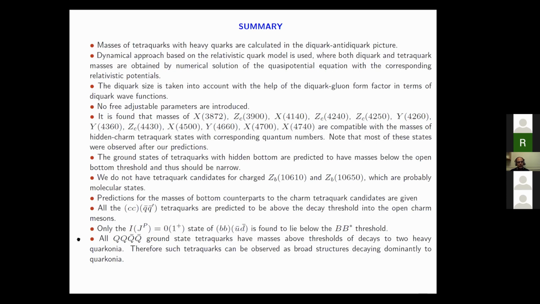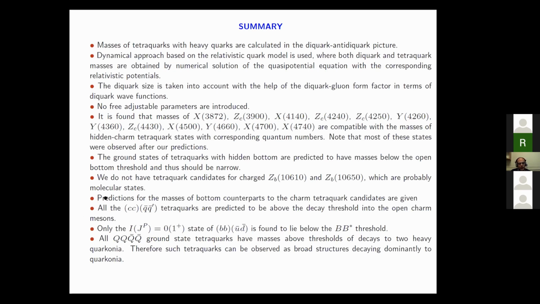We've also found that the ground states of the tetraquarks with hidden bottom have masses below the open bottom thresholds, and thus they should be narrow. We do not have tetraquark candidates for the charged Zb tetraquarks, and probably they are molecular states.